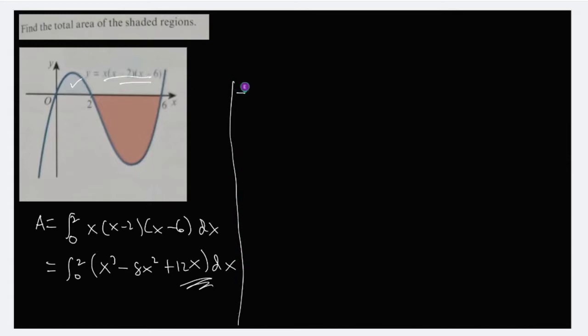Applying the integral, we're going to have x raised to 4 over 4 minus, integrating 8x squared, that becomes 8x raised to 3 over 3, plus 12x squared over 2. The limits will be from 0 to 2.